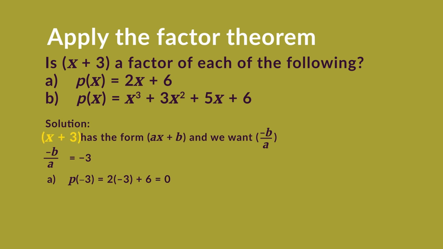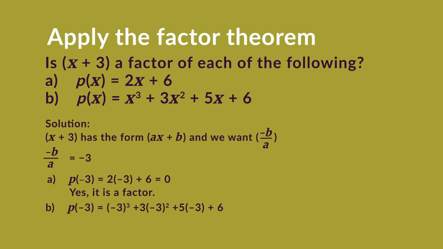So x plus 3 is a factor of 2x plus 6. In b, if we substitute negative 3 into the polynomial, we find an answer of negative 9. So x plus 3 is not a factor of this polynomial in b. In fact, there will be a remainder of negative 9 if the polynomial is divided by x plus 3.